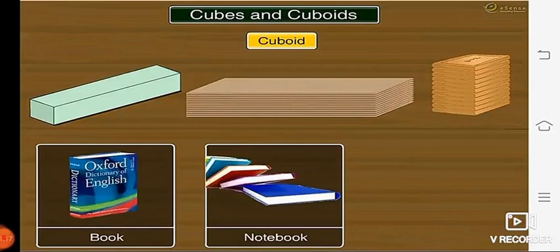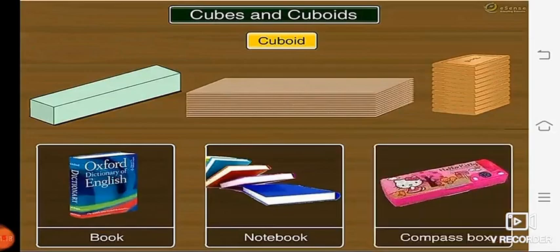Yes. Next, notebooks and the compass box. So books, notebooks and compass box have a cuboidal shape. There are many other things having cuboidal shape. You can recall and write a few examples with pencil in your textbook.